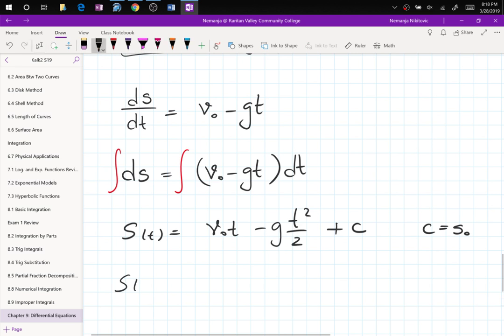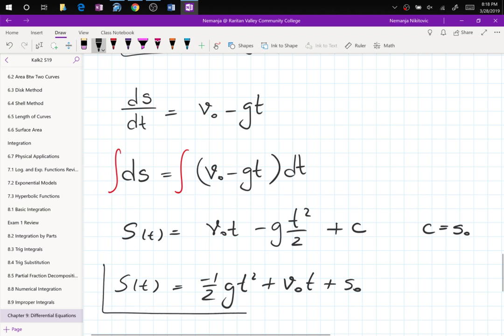And when I put this in descending order, I get negative 1/2 gt squared plus v0t plus s0. You remember this formula? Parabolic motion. When you throw something. I know, right? It came right out of these separable differential equations.